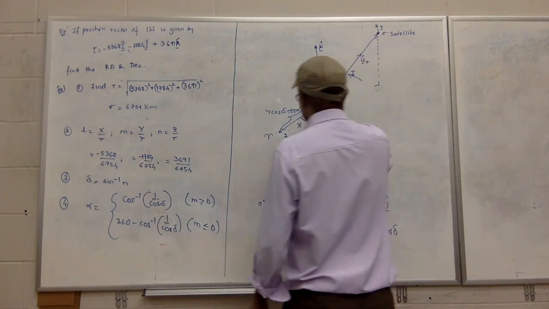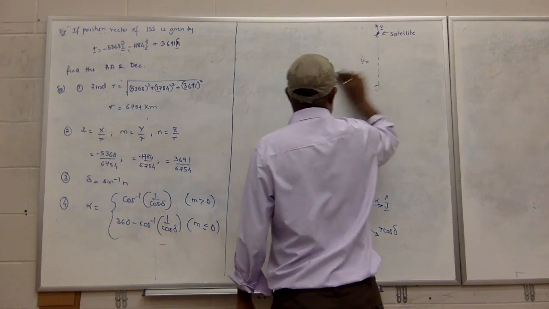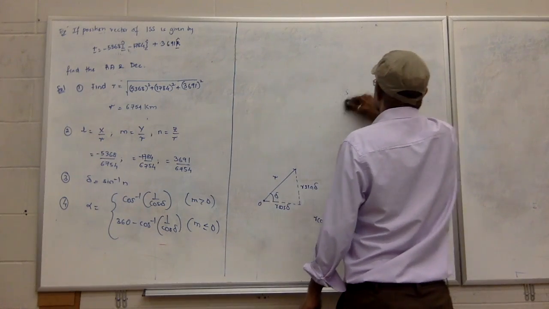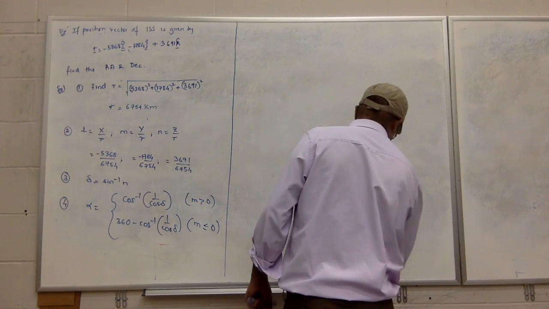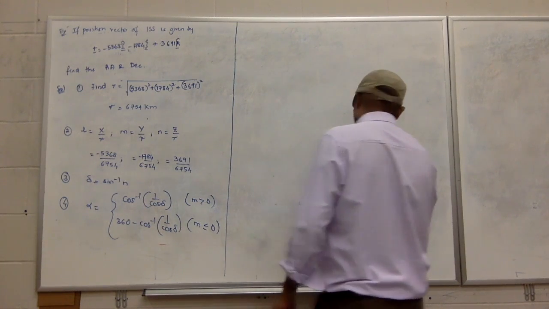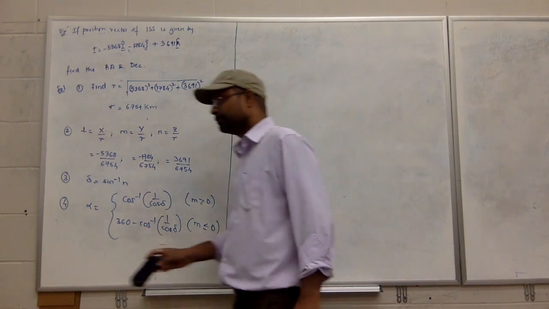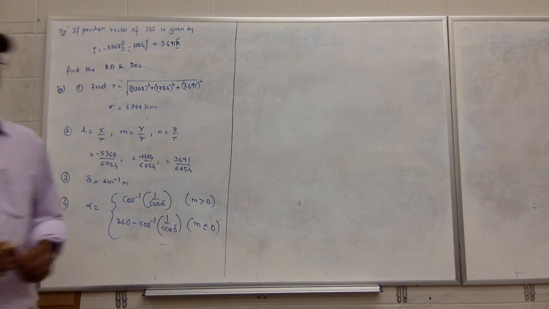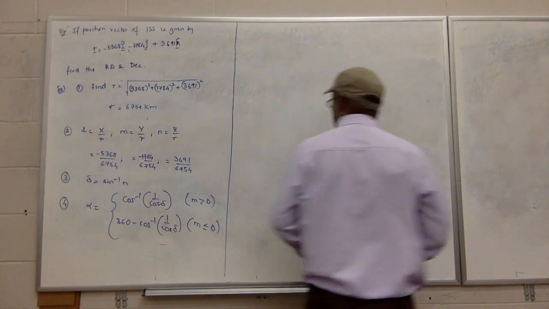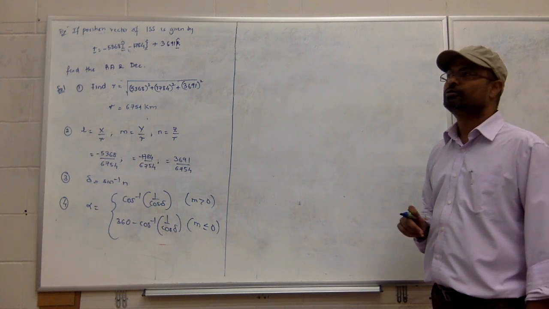But where did this come from? Sandra, any idea? It looks like we're getting rid of the i, j, k and the x and the y. But where did it come from?